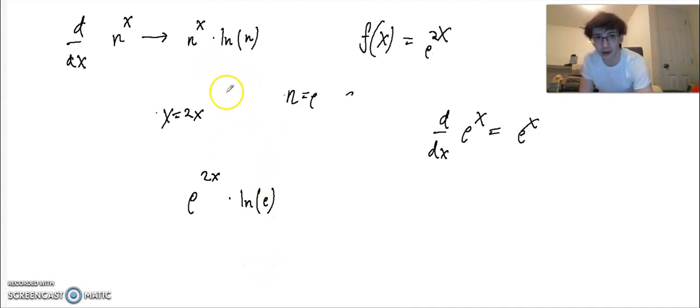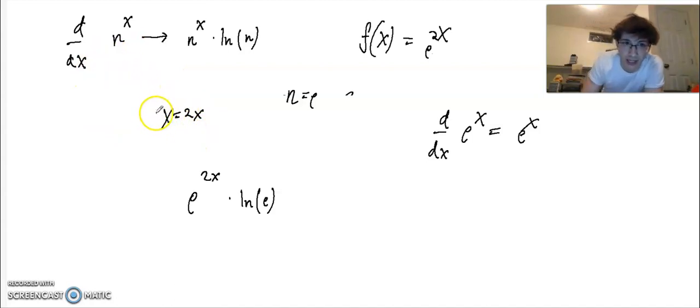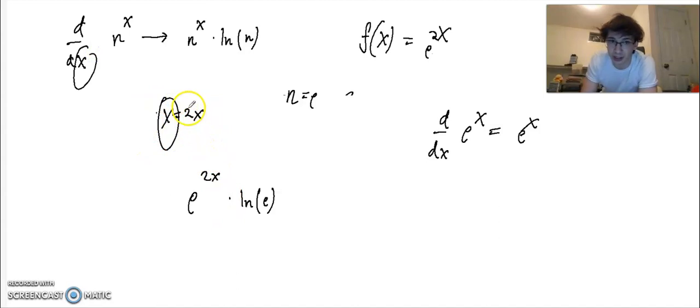But remember that when we're deriving with respect to x, we also need to do a chain rule, because this isn't normal x up top. You also have this 2.